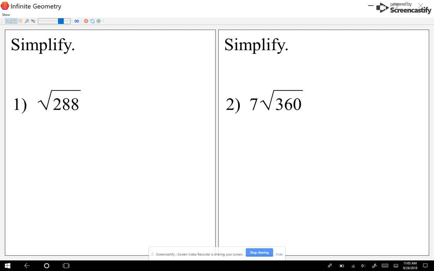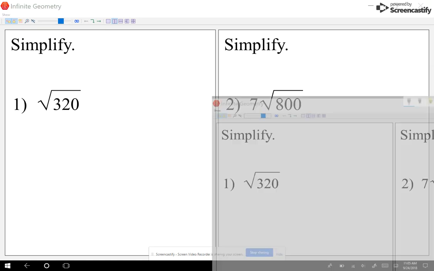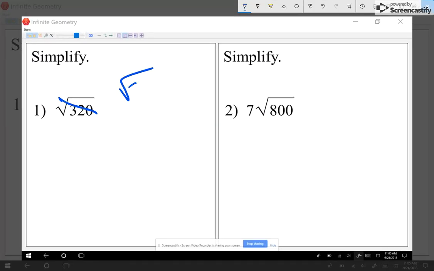All right. Any questions on these? Can you do the 288 one that you skipped? The 288? It was radical 288? Yeah. Okay. So 288. I'm going to go as 2 times 144. 144, I'm going to think of it as 12 times 12.